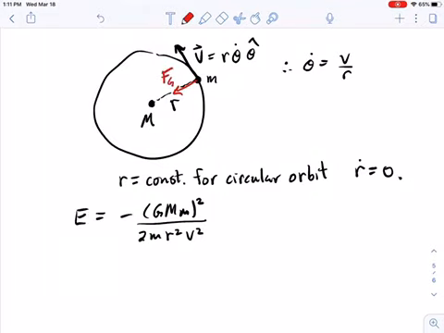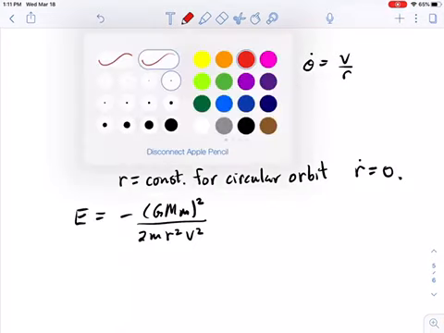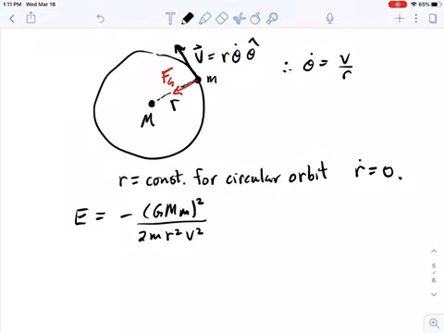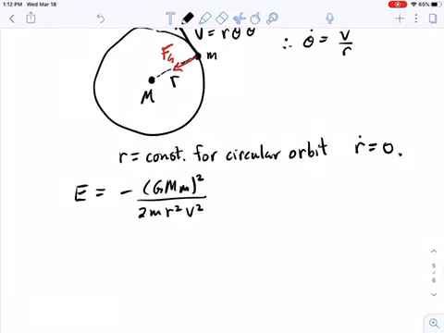And because it's in circular motion, we know that its acceleration must be the centripetal acceleration, v squared over r. And for a circular orbit, the gravitational force, G M m over r squared, must be equal to the mass of the planet times the centripetal acceleration, v squared over r.